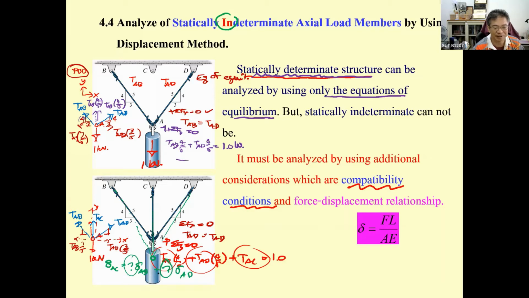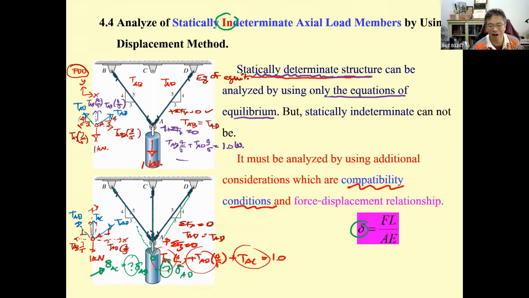This coefficient must be determined by using trigonometry, but it's not in the form of force function. You got to input the deformation by this equation.